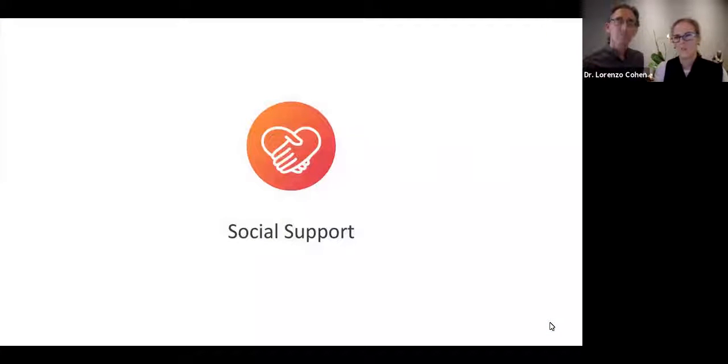So social support. We're just going to speak very briefly on this, because this is the foundation of the mix of six. It's critical that this piece is in place before you launch into addressing some of the other areas. So often we think about making a change, and maybe after today you'll think, okay, I'm going to make some changes in the area of stress management.